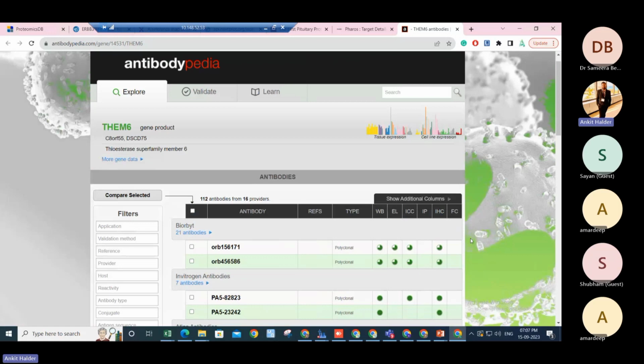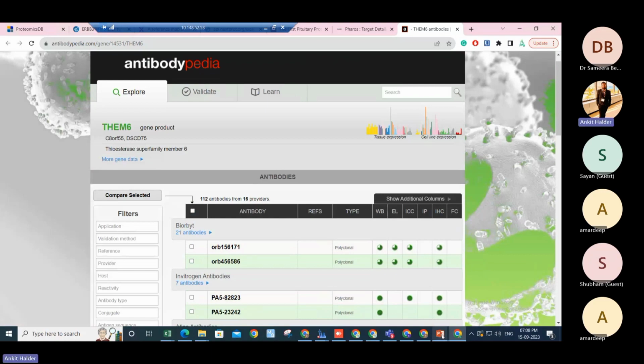This was also coming from your antibody PDS, which gives all those kinds of antibodies that are available against it, and for which things you can use them: Western blot, ELISA, IP or immunohistochemistry or FACS, etc.